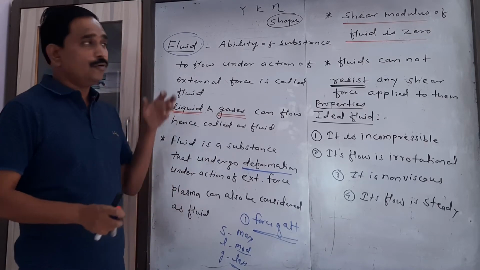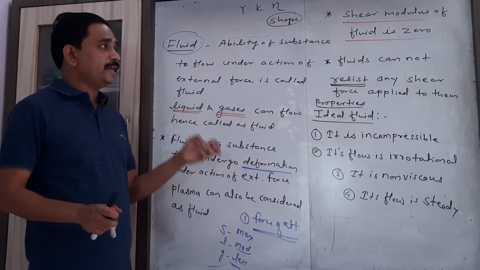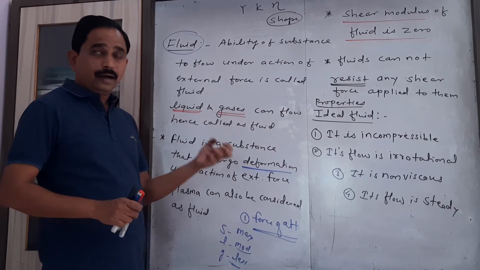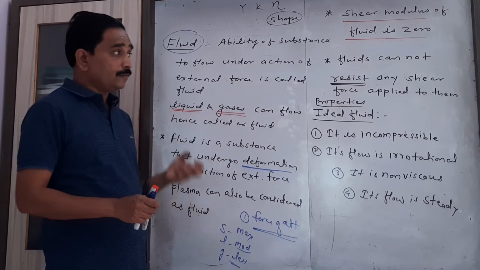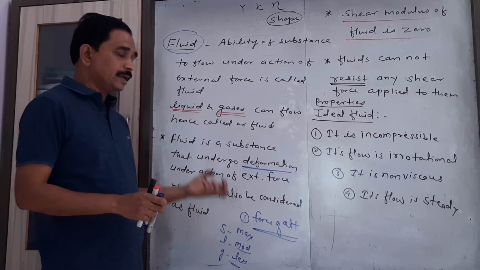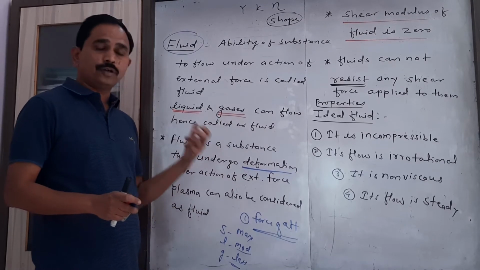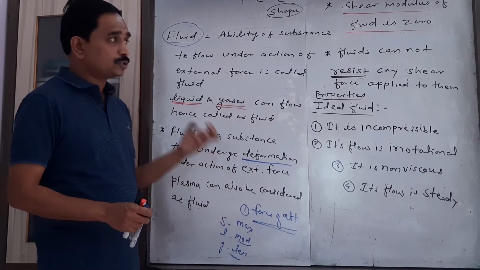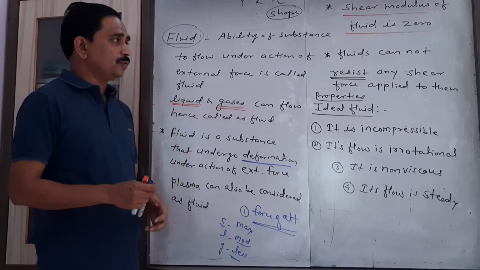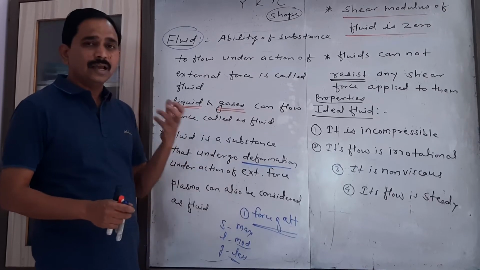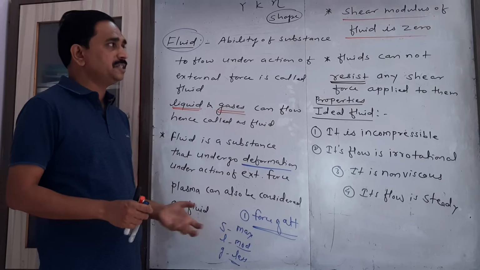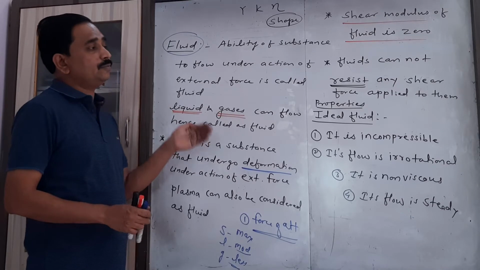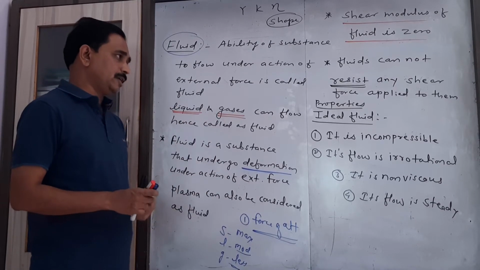Solids strongly resist the shear force because solids can produce a strong internal restoring force. Liquids and gases are not able to produce that strong internal restoring force. The internal restoring force produced in liquids and gases is very small, negligible. That's why fluids cannot resist whatever force is applied externally.